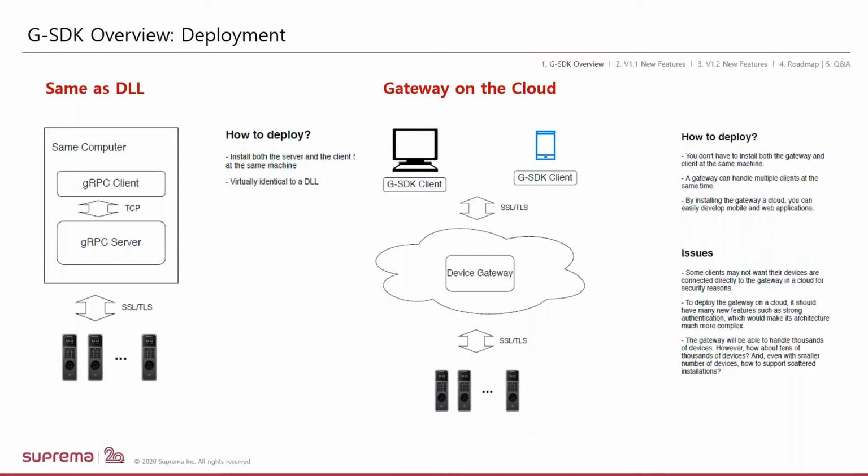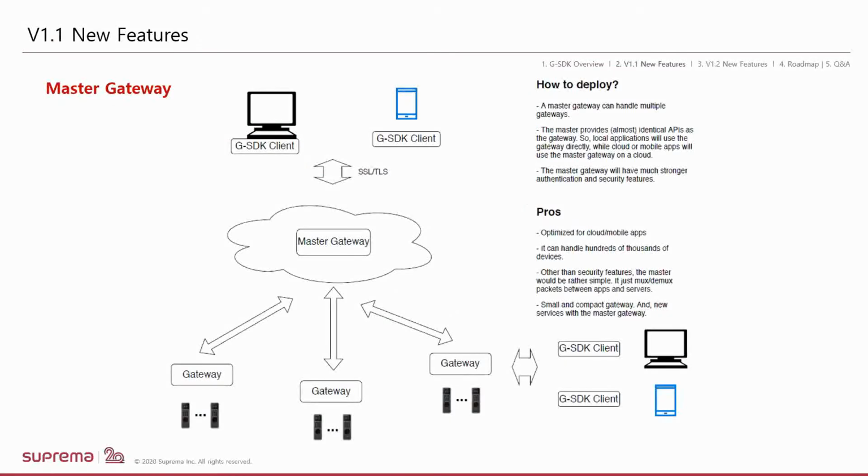So that is why the master gateway was introduced in our previous version 1.1. In fact, version 1.1 is mainly focused on the master gateway. The master gateway can handle multiple device gateways. So in this case, you can just install the master gateway on the cloud and install device gateways on the production site.